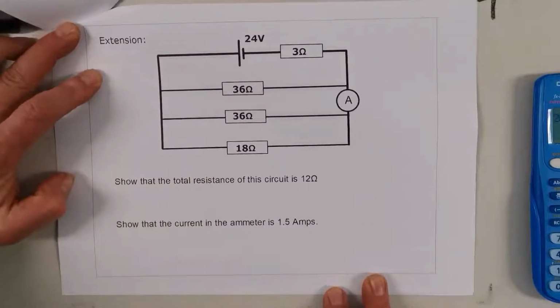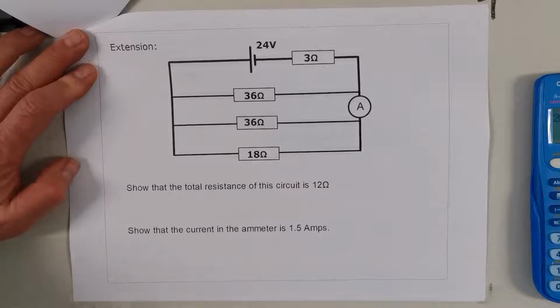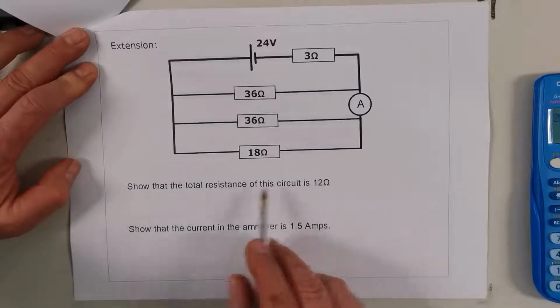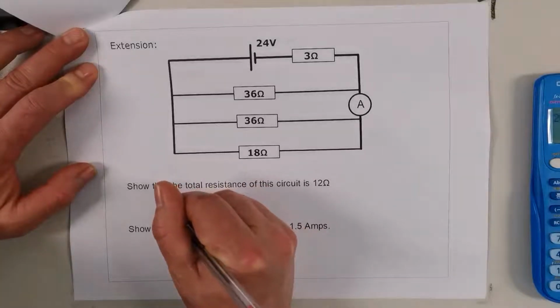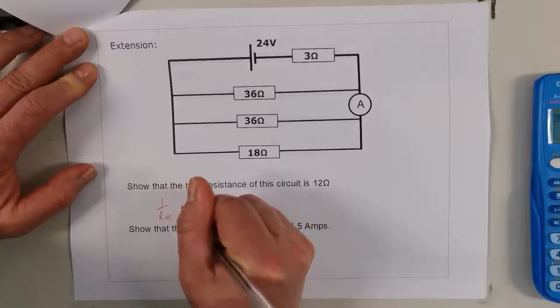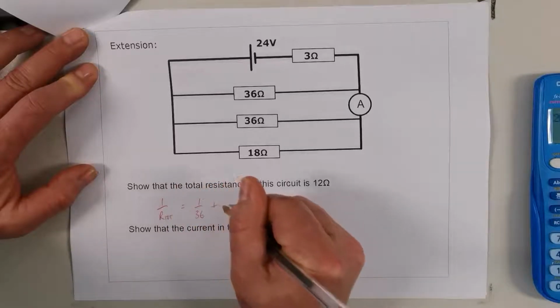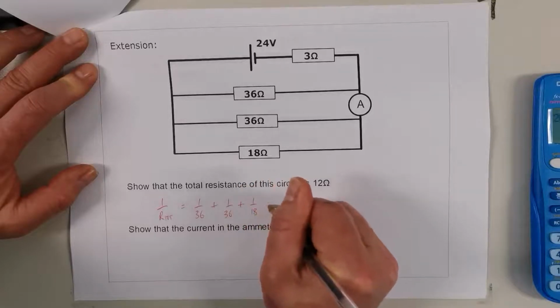So if you're doing well, you want to try yourself out, try answering these questions, and I'm going to show you the answer now. Show the total resistance of this circuit is 12 ohms. 1 over R total equals 1 over 36 plus 1 over 36 plus 1 over 18.